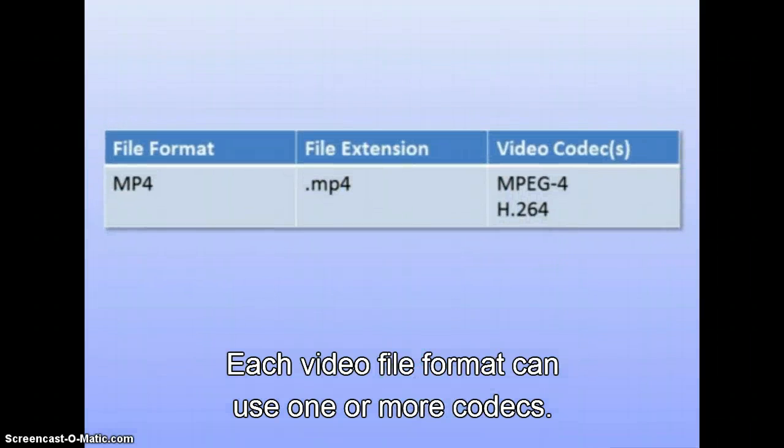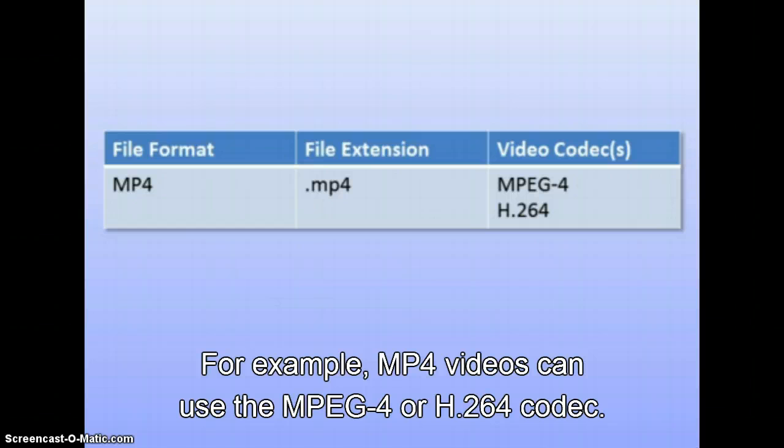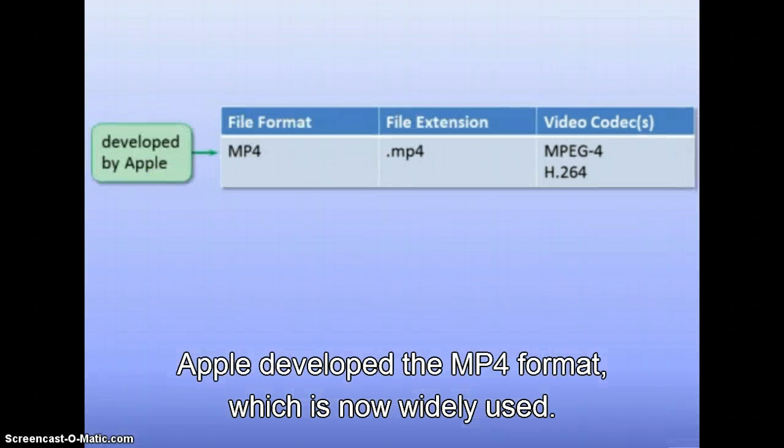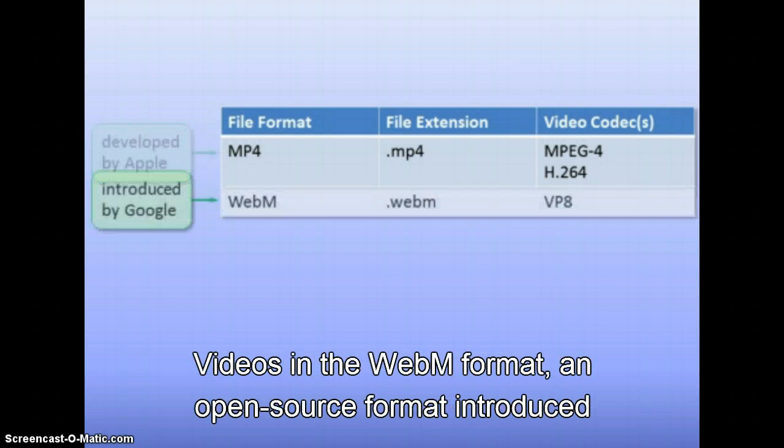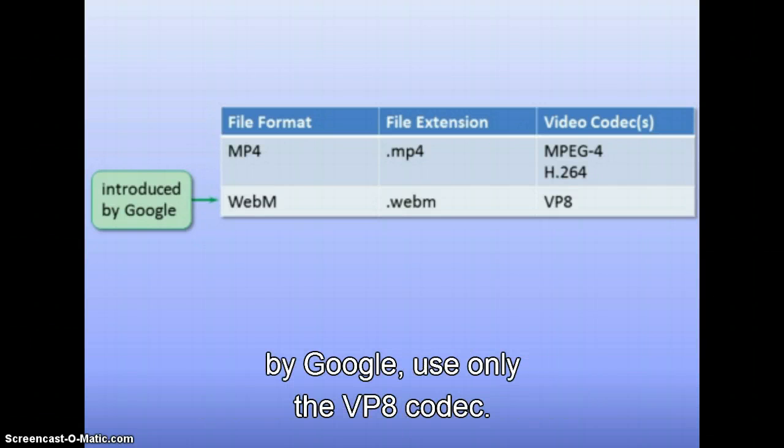Each video file format can use one or more codecs. For example, MP4 videos can use the MPEG-4 or H.264 codec. Apple developed the MP4 format, which is now widely used. Videos in the WebM format, an open-source format introduced by Google, use only the VP8 codec.